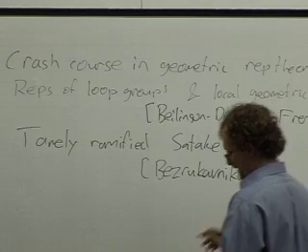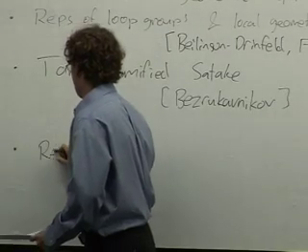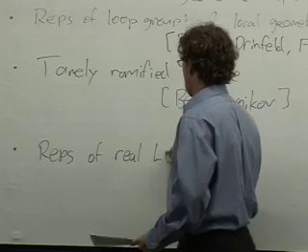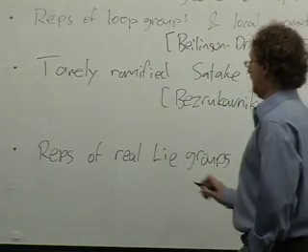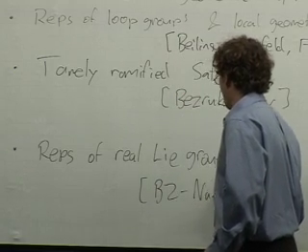And finally, hopefully, I'd like to get to representation theory of real Lie groups. So I have to see how all of these ideas might apply to study representations of real finite dimensional Lie groups. This is work with David Nadler.